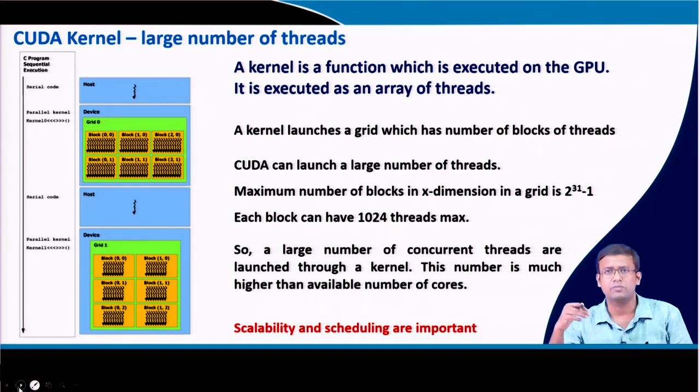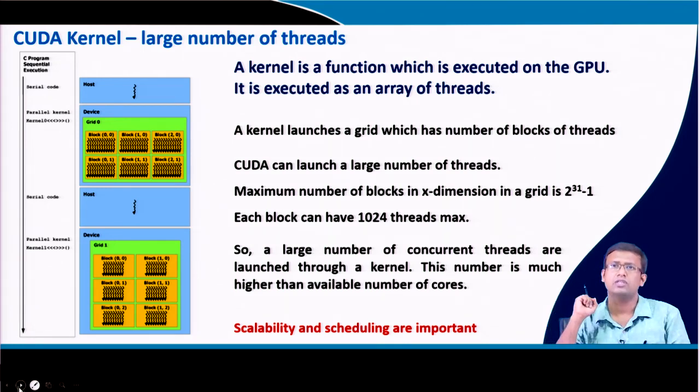So the program has more granularity and more concurrent instruction streams can be devised. So when we launch the kernel, of course more than one thread is launched per core. Each core also gets a large number of threads to operate.